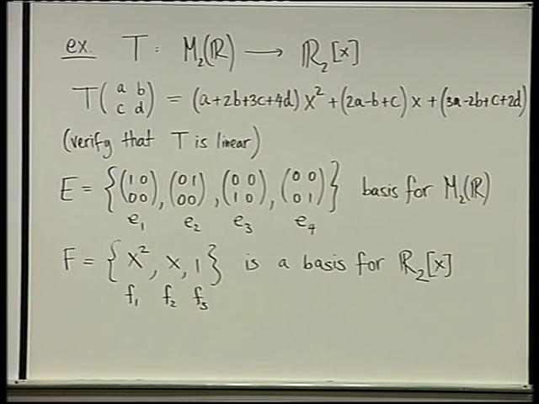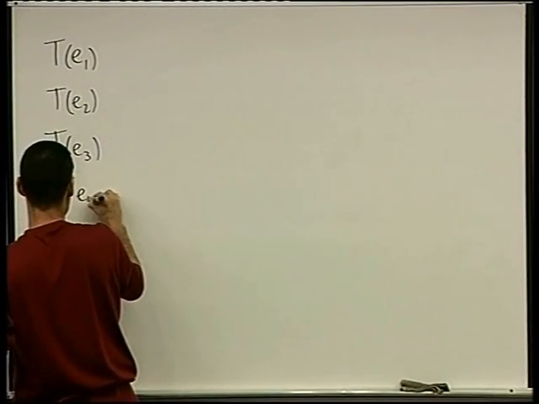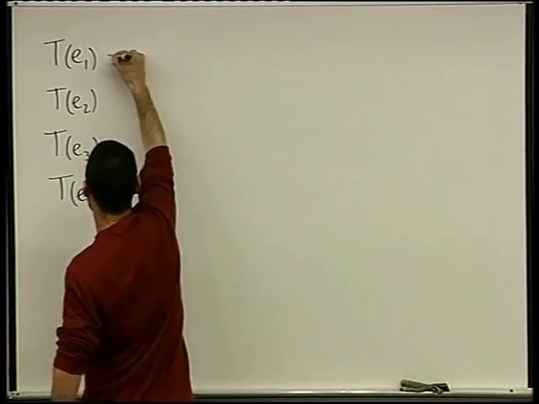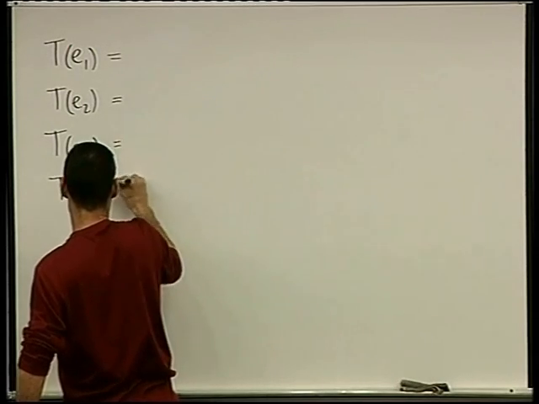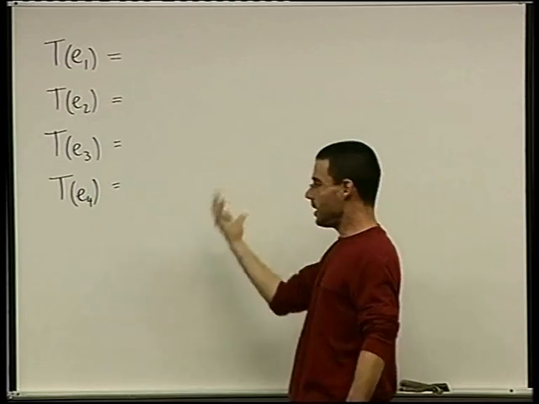Really. There's nothing tricky going on. Okay? So what do we need to do? We need to do T of E1, T of E2, T of E3, and T of E4. Each one we're going to write as a linear combination of the elements of F, and then take the transpose.